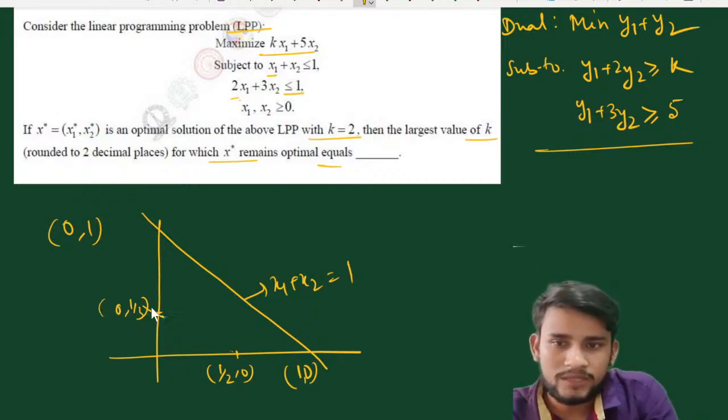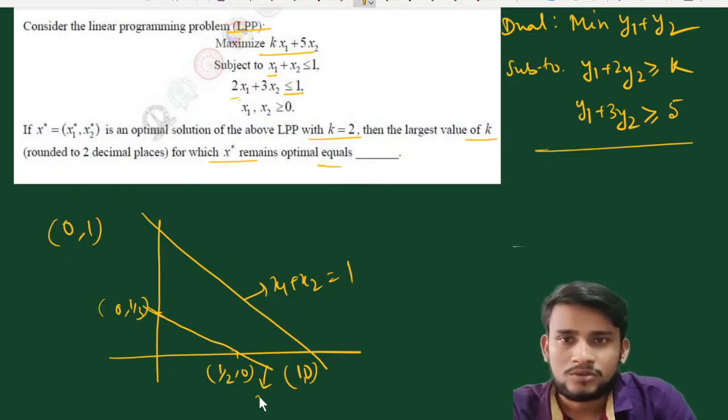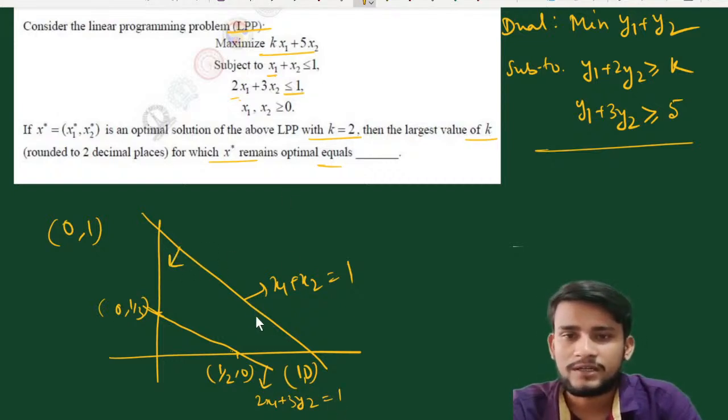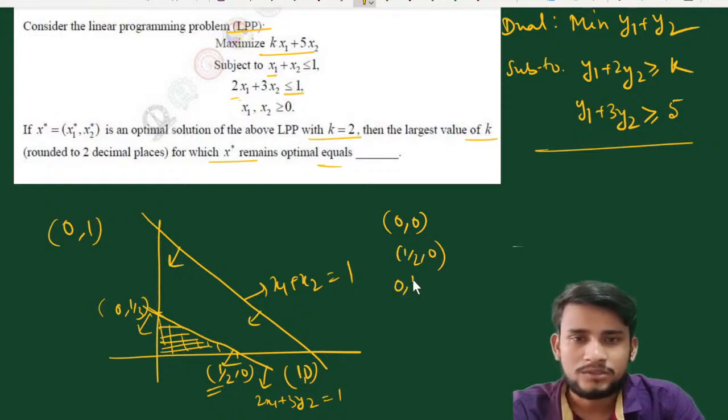Okay, this is another line. Now if we put 0, 0, this gives this side, and this also gives this side. Therefore this is the feasible region, and the three points are (0, 0), (1/2, 0) and (0, 1/3).